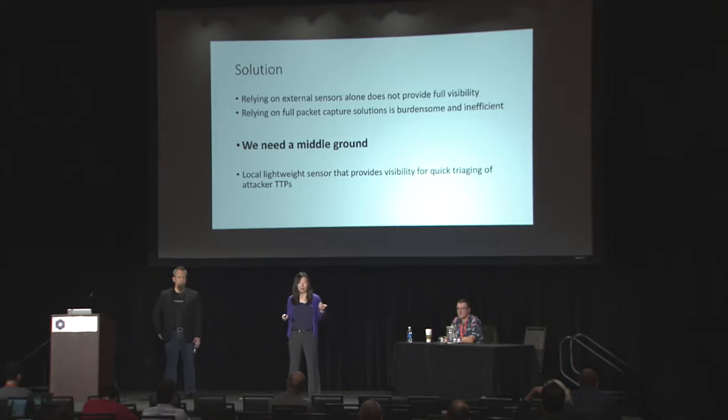So what we want is a more lightweight sensor that we can access quickly, that would allow us to quickly drill down through the activity and the DNS queries made by the endpoint and figure out how we're going to triage this very quickly, right? So we need some sort of middle ground between a public DNS sensor and a heavyweight full packet capture solution. So we came up with this.